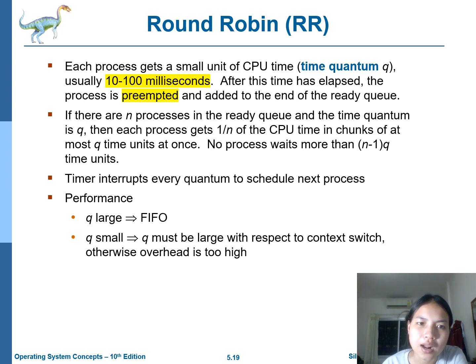If there are n processes in the ready queue and the time quantum is q, then each process gets 1/n of the CPU time in chunks of at most q time units at once. No process waits more than q time units.